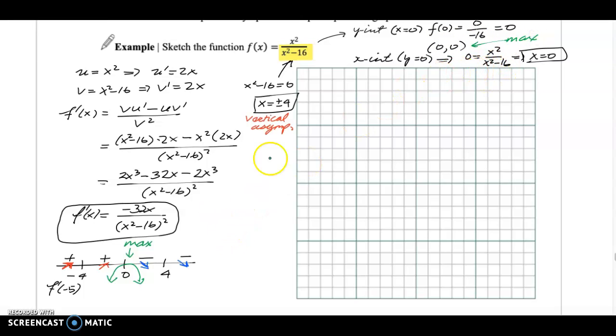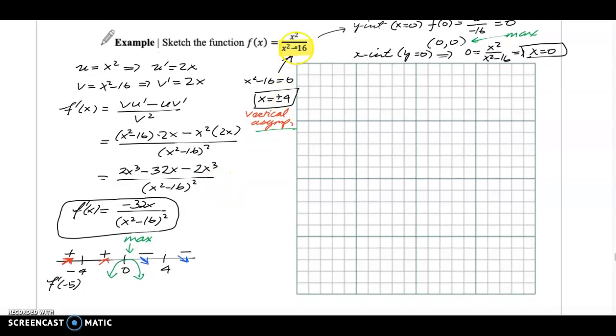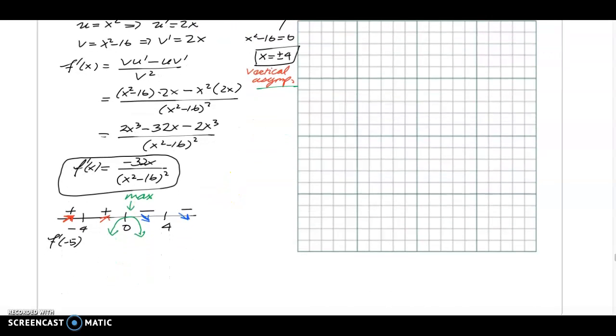The other thing, if we know our vertical asymptotes, could we find the horizontal asymptotes? Look at the function. Let's just take a look at this for a second. So let's test horizontal asymptotes.